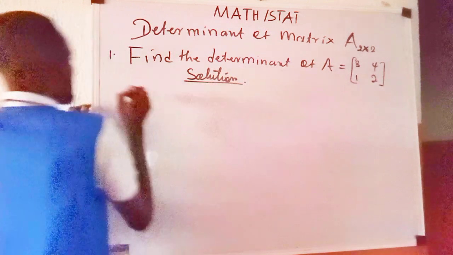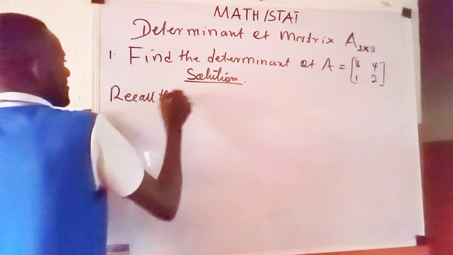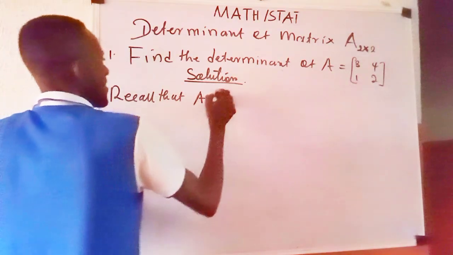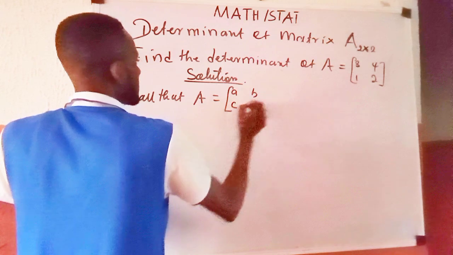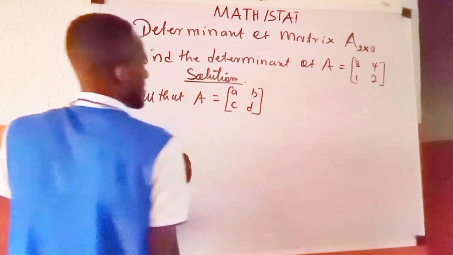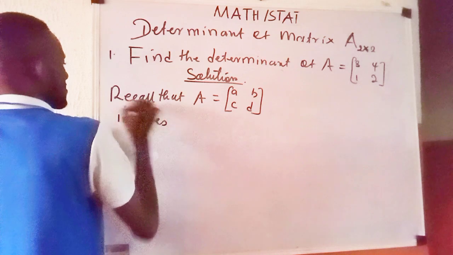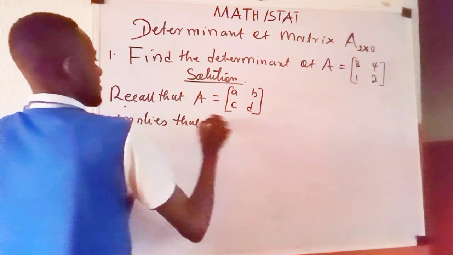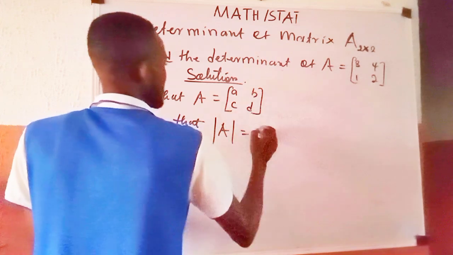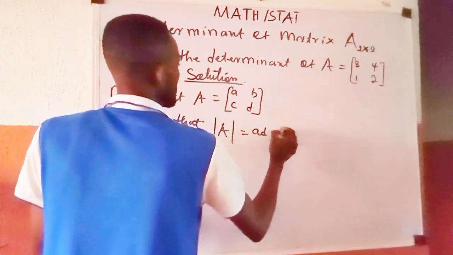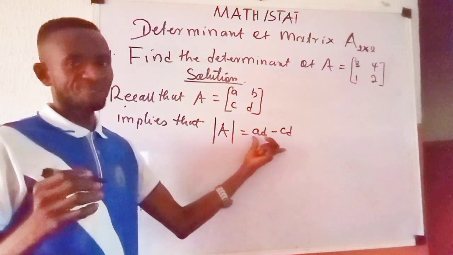We tell ourselves, recall that A equals A, B, C, D implies that the determinant of A is given as AD minus CB, which we earlier established.